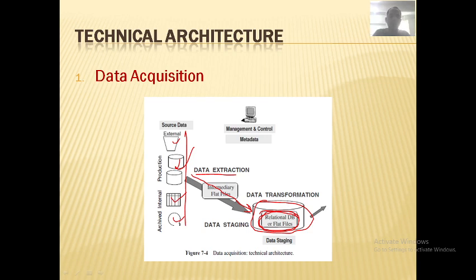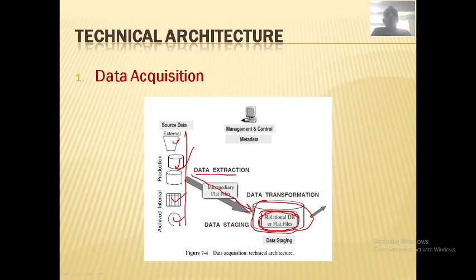All of this is carried out here, in the data transformation in the data staging. Once we do all this, we prepare it for loading. So this is the architecture of the data acquisition.